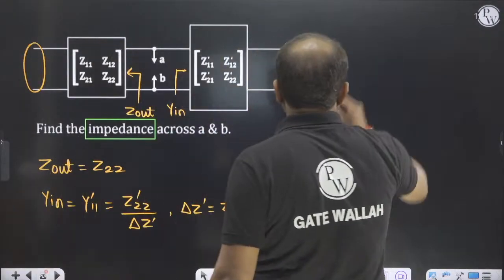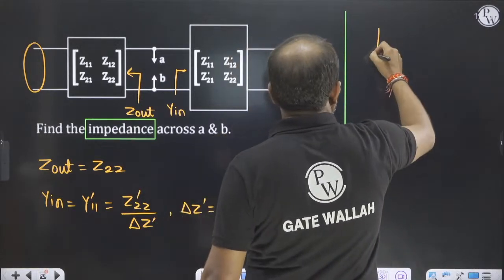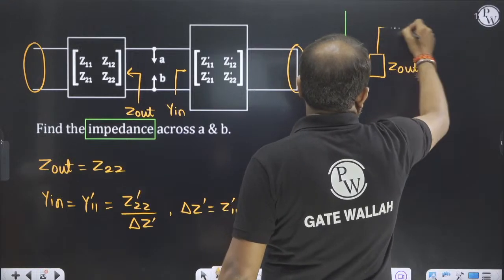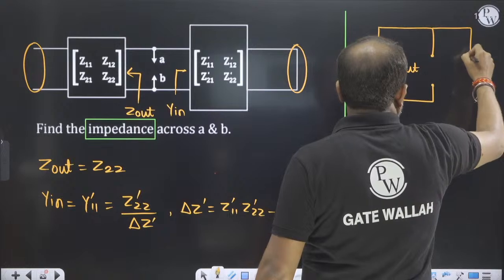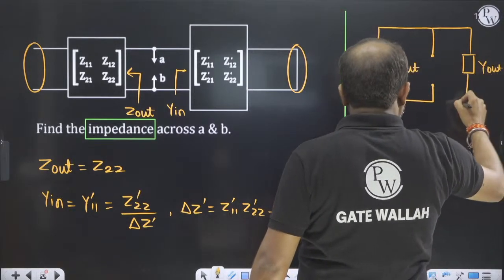Now remember the points here. Here it is Z out, and here it is Y out. They are in parallel.